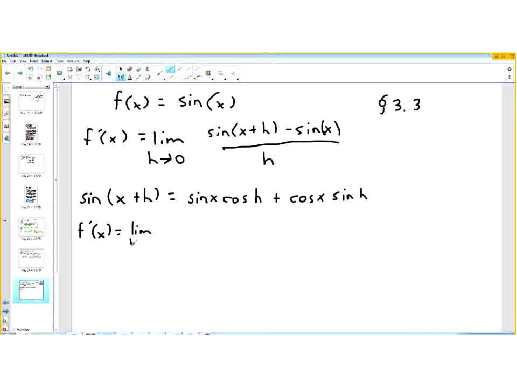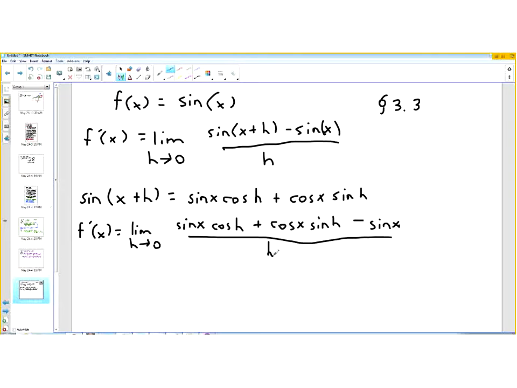We have the limit as h approaches 0 of sine x cosine h plus cosine x times sine h minus sine x, all over h.